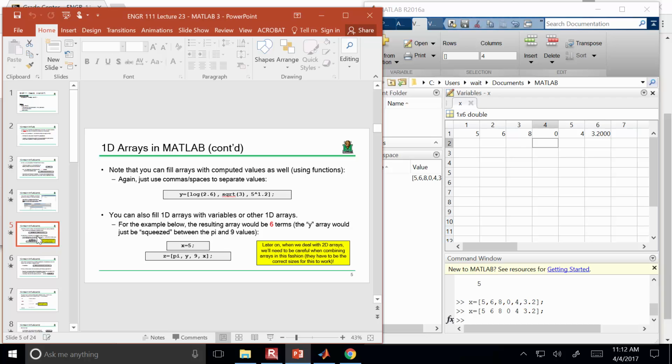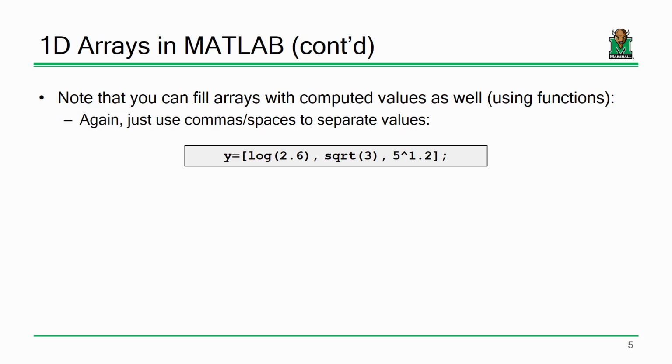Okay, now it doesn't just have to be numbers that we assign in the sense of an array. Try setting this variable y. It'll have 3 values. The first will be the log of 2.6, the square root of 3, and 5 to the 1.2 power. So we can put calculations into an array.